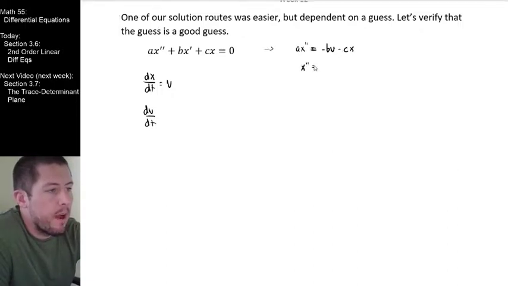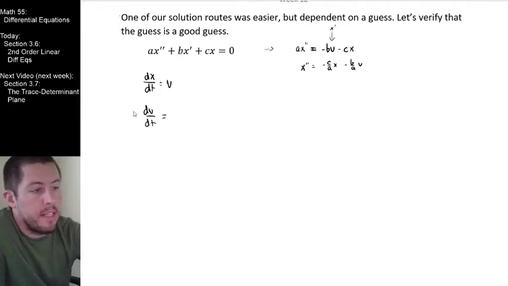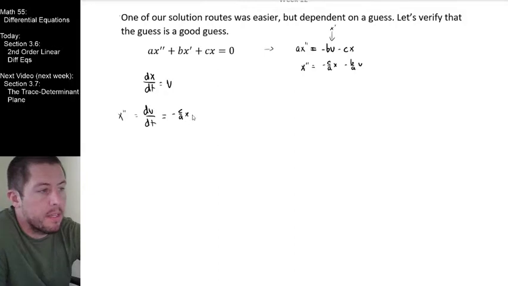And so x double prime should be -c over a x minus b over a v right there, right? And again, I called v x prime. So that's going to be my helpful way to write dv/dt, since dv/dt is really x double prime, which is -c over a x minus b over a v.